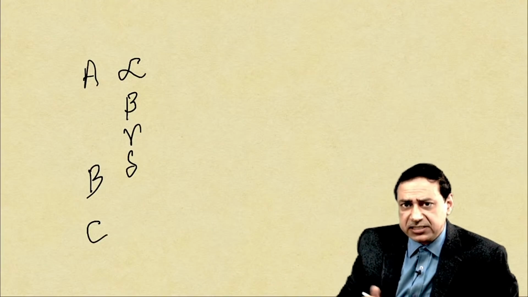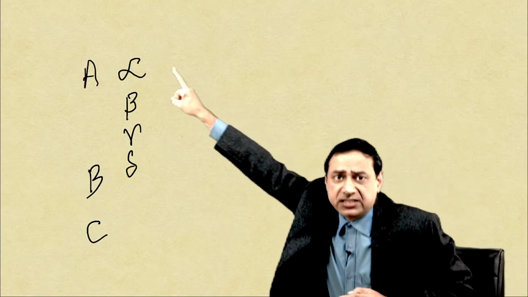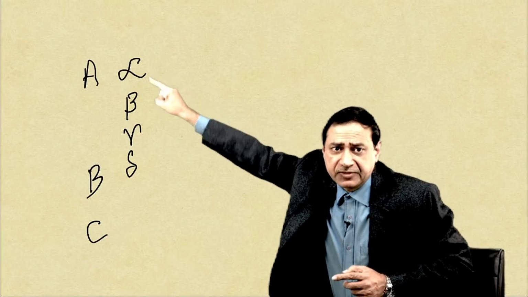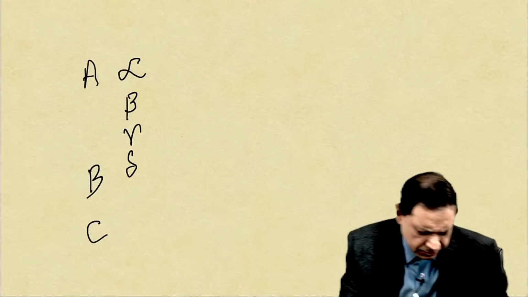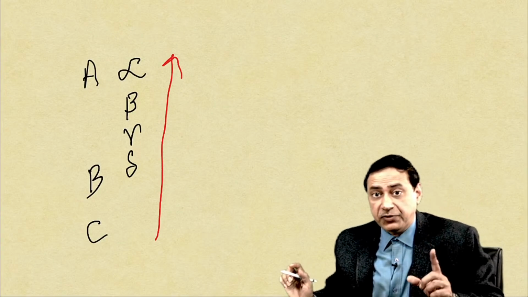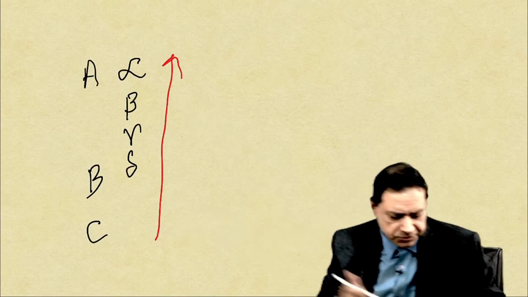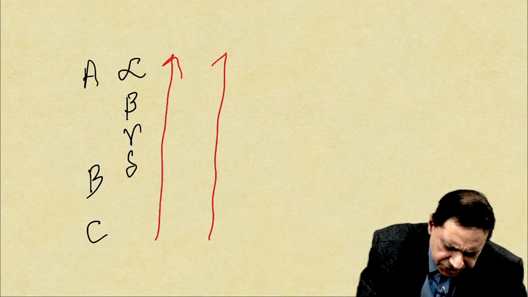Which fiber has the maximum diameter? Very simple, A alpha. This has the maximum diameter, and this has the minimum diameter. So diameter is like this, and therefore which fiber is fastest? A alpha. This is slowest. This is conduction speed.